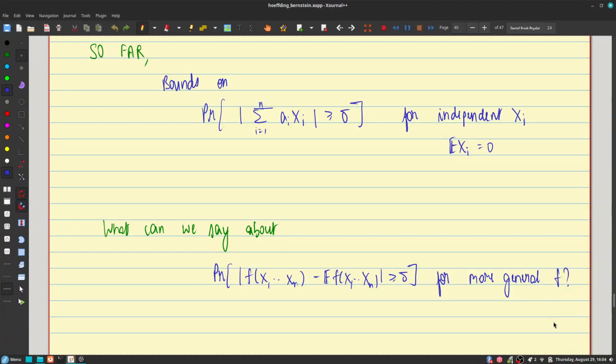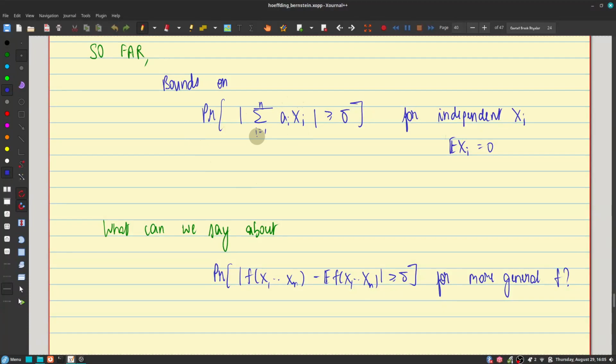Okay, so in the last class, we were essentially trying to look at bounds on the probability that an arbitrary function of n random variables deviates from its mean. For most of the course, we've seen bounds on quantities of this form, that is, a probability that some linear combination deviates from its mean by some particular delta.